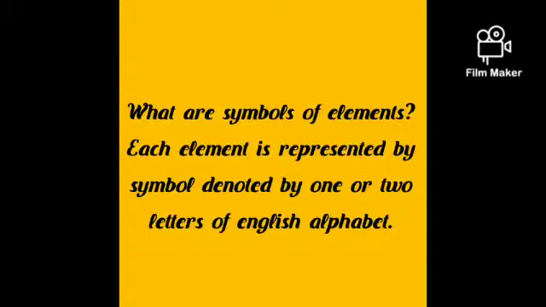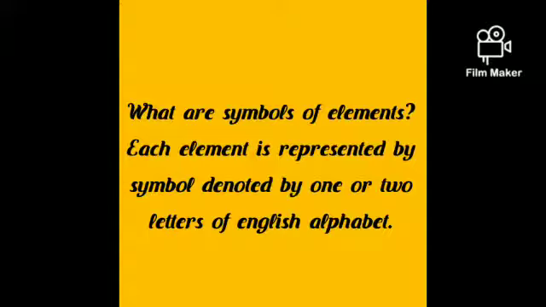What are symbols of elements? Each element is represented by a symbol denoted by one or two letters of the English alphabet. Sometimes the symbols of elements contain the first initial letter of the name of the element. However, when the first letter of more than one element is the same, the symbol is denoted by two letters.